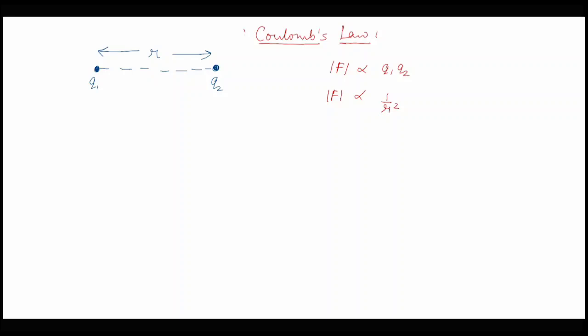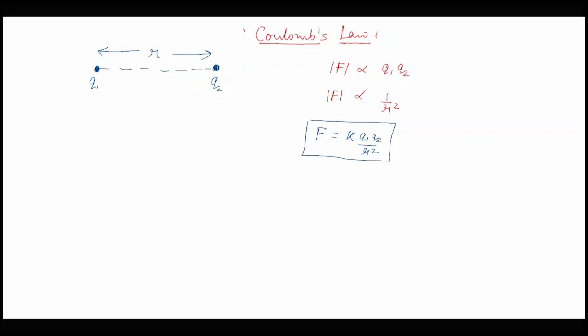So it is inversely proportional to the square of the distance between them and is directly proportional to the product of the charges. And on combining these two relations, we write F is equal to K Q1 Q2 by r square.